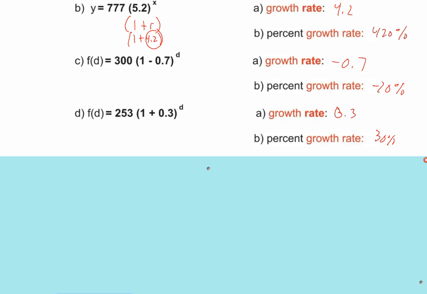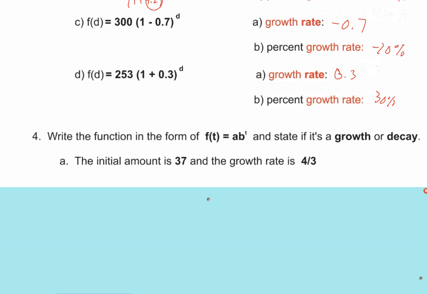And I should have given you one more, so let me give you one more. Let's do an E. Let's do y equals 700 times parentheses 0.65 to the x.